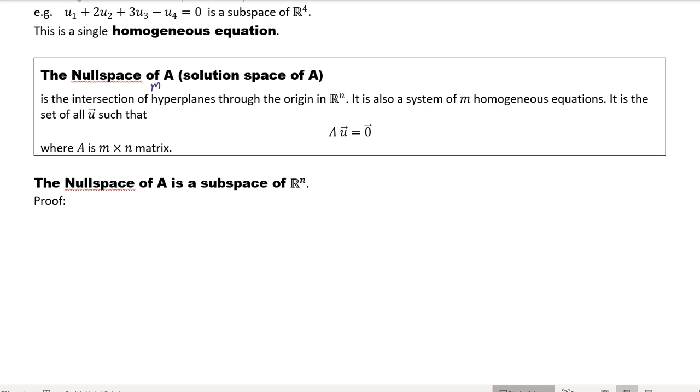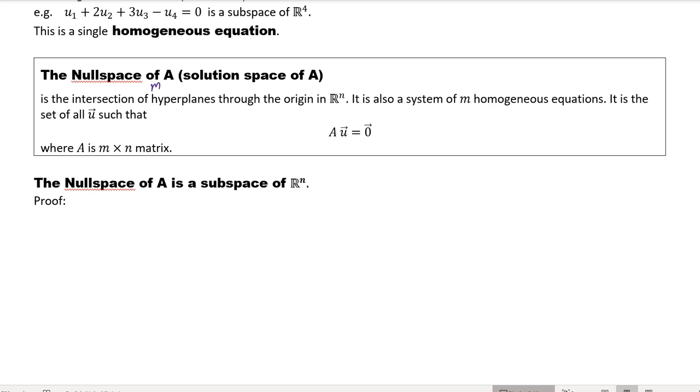Each equation represents a hyperplane. So that's why the solution of this linear system corresponds to the intersection of those m hyperplanes. And the solutions form a solution space, which we also call the null space. Okay, so we want to prove the null space of A is a subspace of Rn.